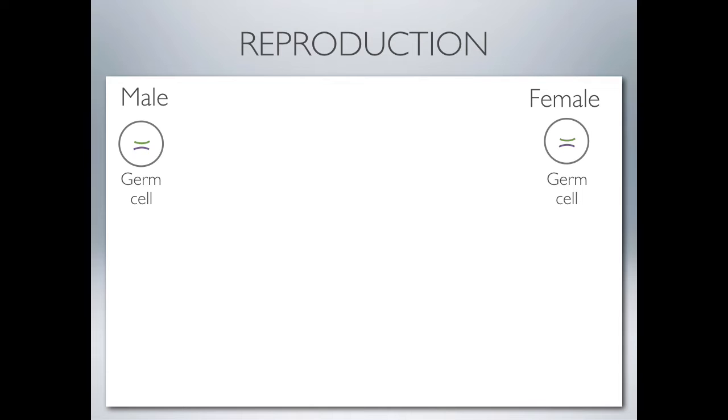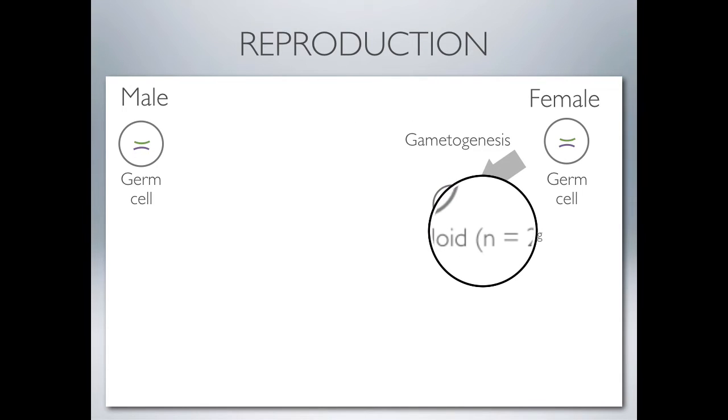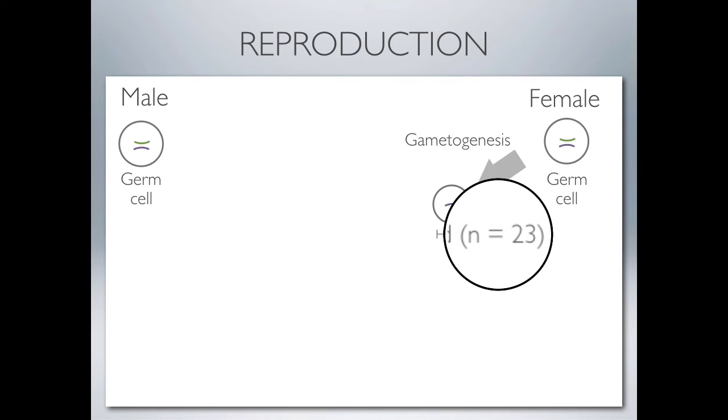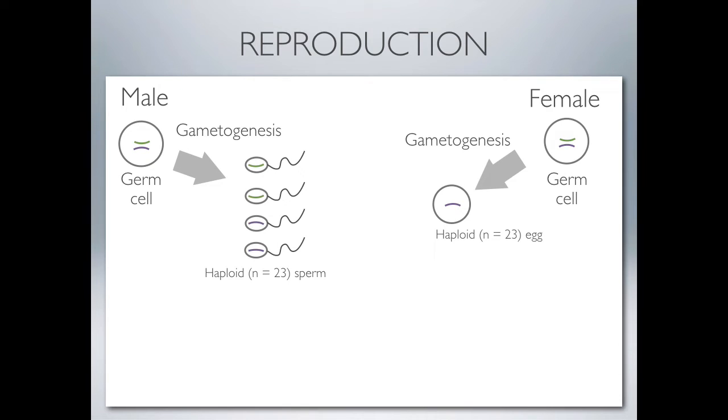All right, so on the female side of things, each germ cell produces one gamete, one egg. And that egg is not diploid, it is in fact haploid, okay? So we don't have a complementary pair of chromatids. Instead, there's just 23 chromosomes in that single egg. Males, as we'll see, produce a lot of sperm, okay? By many orders of magnitude more sperm than there are eggs.